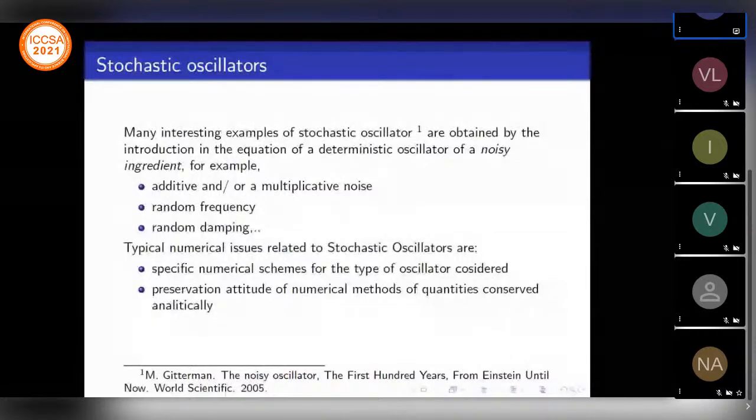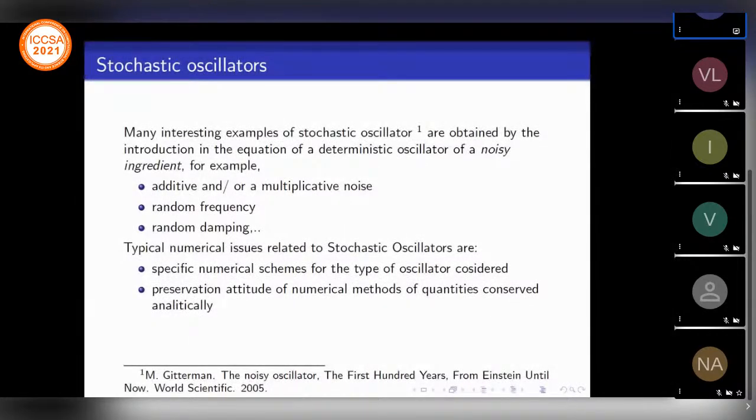As we can see, for instance, in the nice book by Moshe Zitterman, several examples of stochastic oscillators are obtained when we introduce a noisy component in a deterministic model of oscillator. For instance, we can have additive or multiplicative noise, random frequency, random damping, etc.